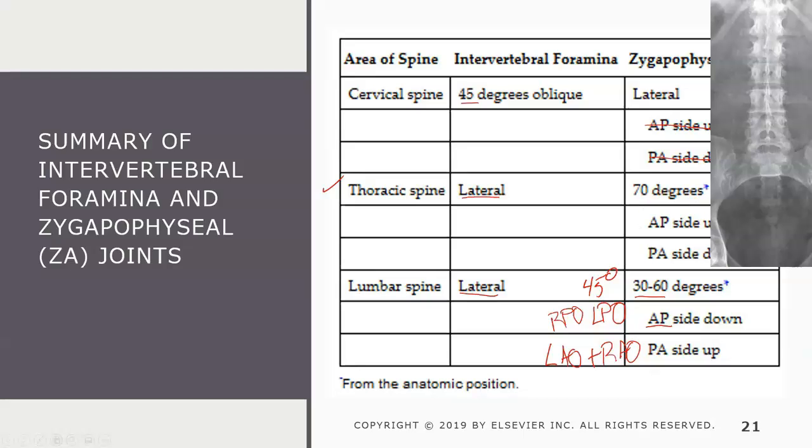Now we get into the thoracic ZAs. The amount of rotation is 70 degrees from an AP or PA.